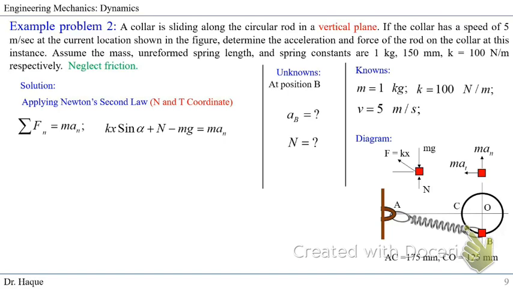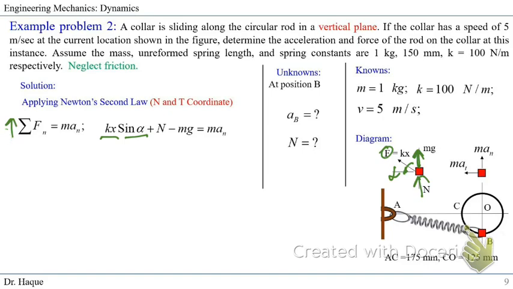Okay, so let's solve. Summation of forces in n. In the normal component we have only this, and we know this is alpha. So we want this component of the force F. F equals kx, and sine alpha, because this is angle alpha, plus the normal force N, which is in the upward direction, so this is positive.